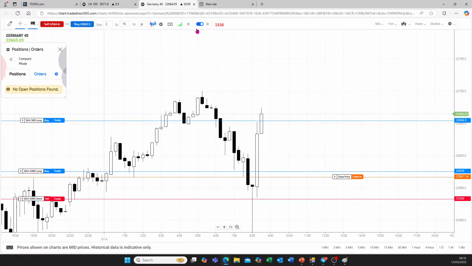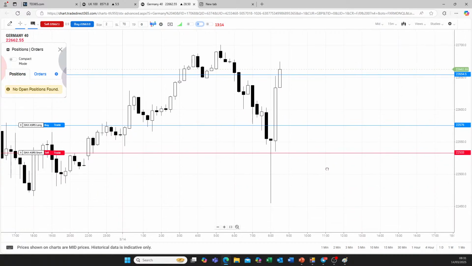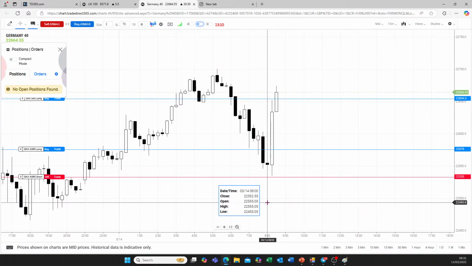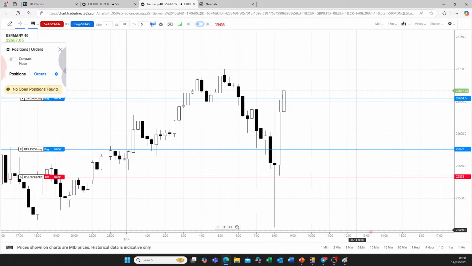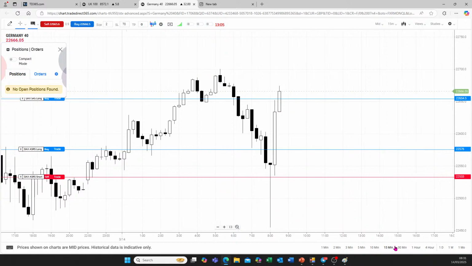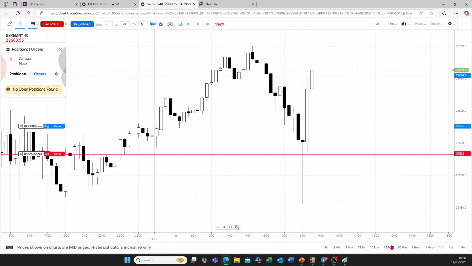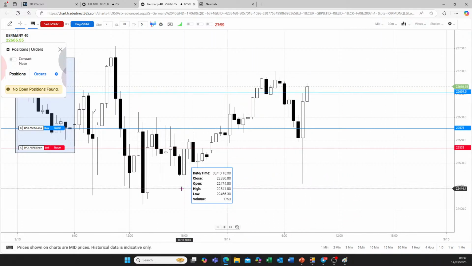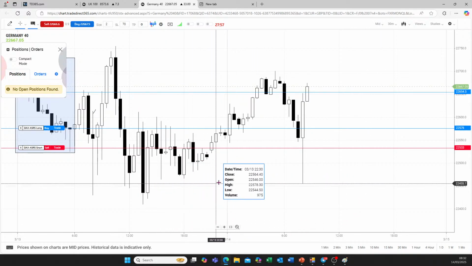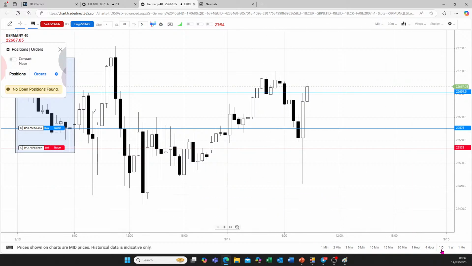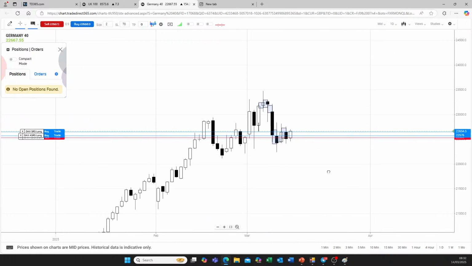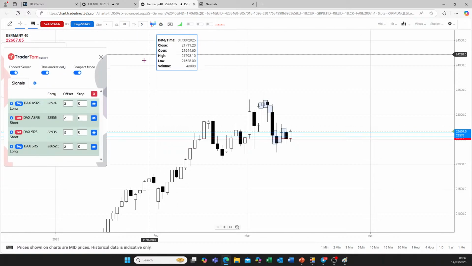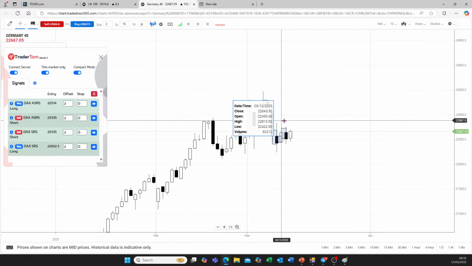Now let's look at the DAX on a 15-minute chart. We have a DAX that took out the low end of the range. So if you see yesterday's, maybe I can show you. Let me just clear out the lines on my software.